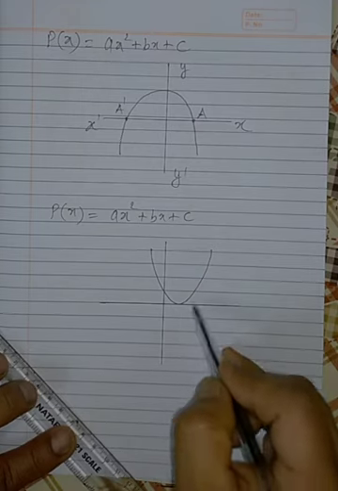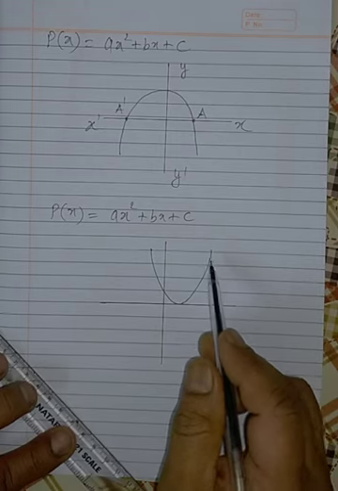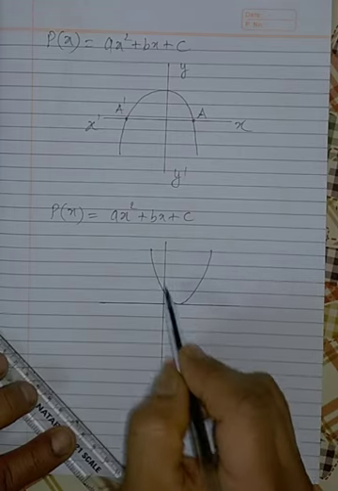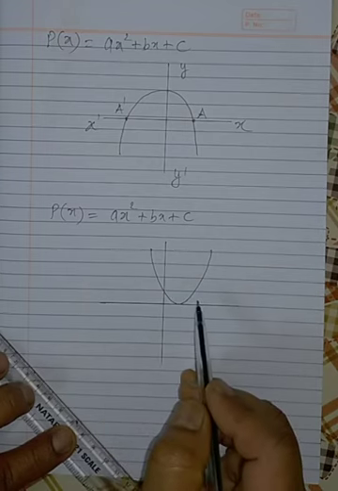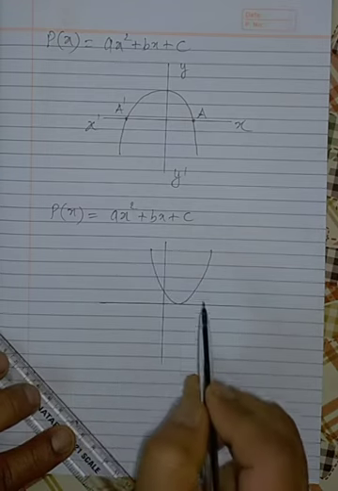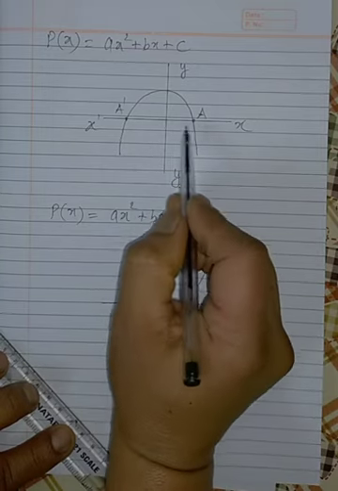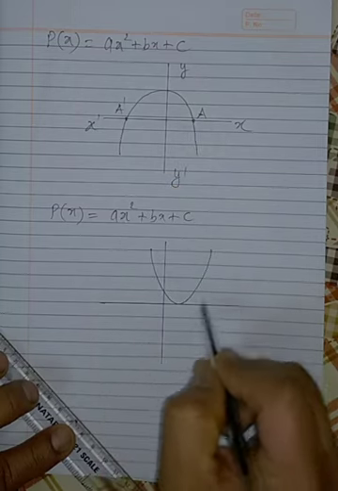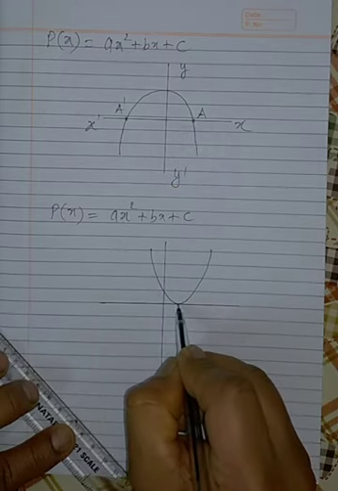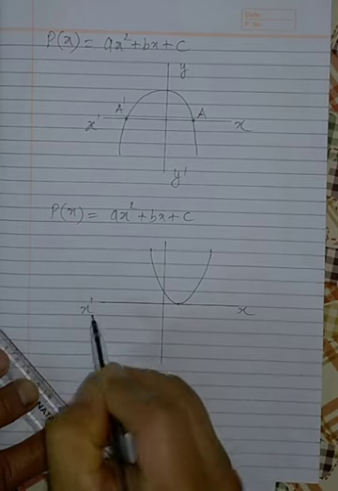Now since it is a curve, it's a parabola. The parabola means it is the presentation for a quadratic polynomial, and as the degree is 2, we should have two zeros. But just like here and the previous one, we have seen that we have two distinct zeros, but here in this case we have only one point where it is touching the x-axis.